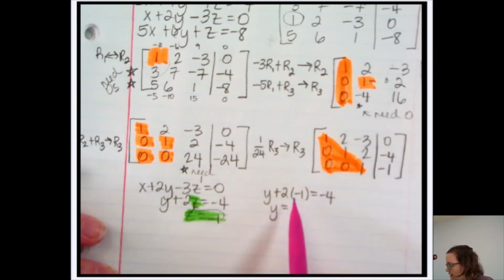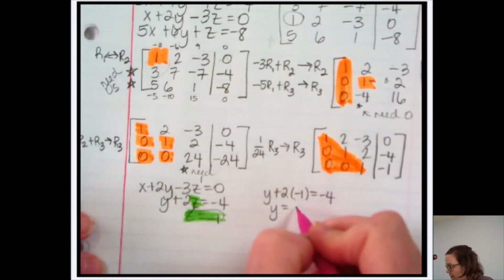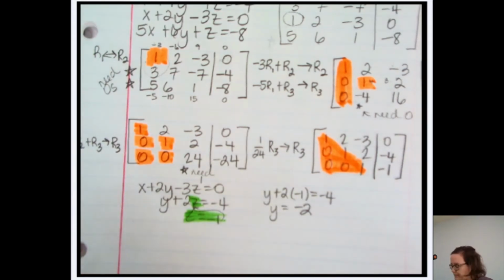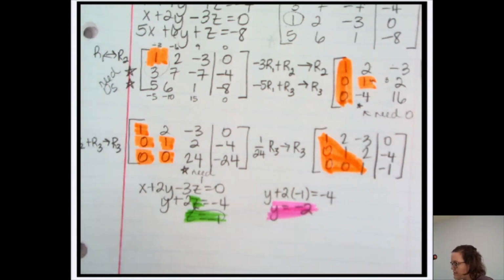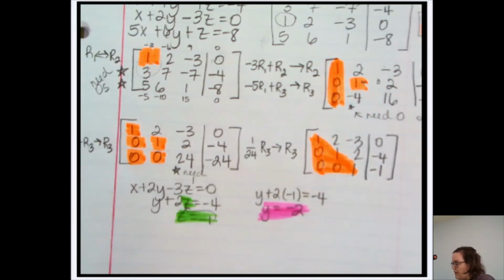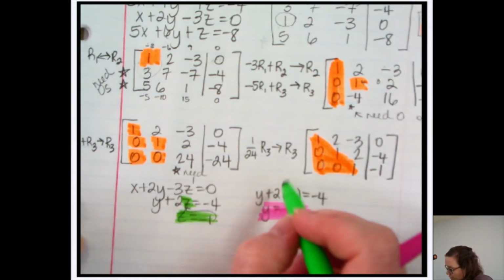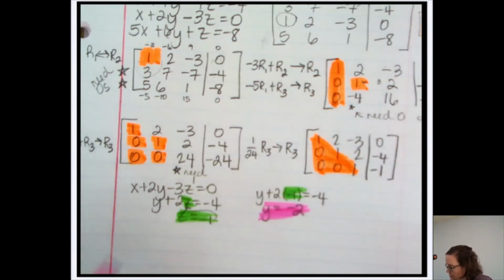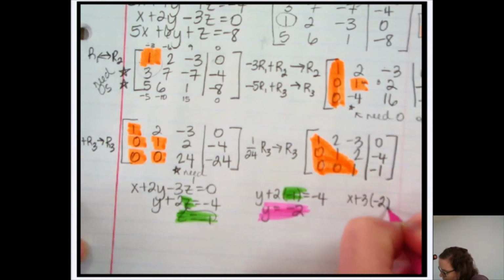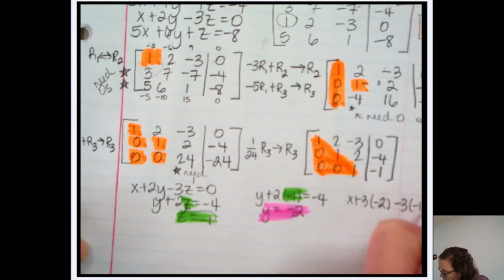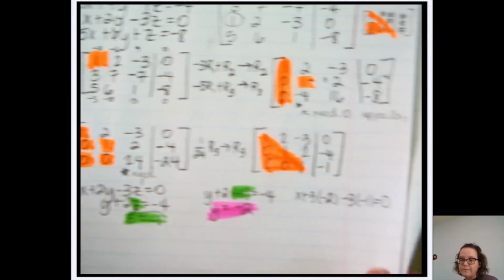Or let's see, this is negative 2, so add that and we get a negative 2 for y. Okay, and then we can go up to the top and plug it into that first one, which is x plus 3 times negative 2 minus 3 times negative 1 has to equal 0.